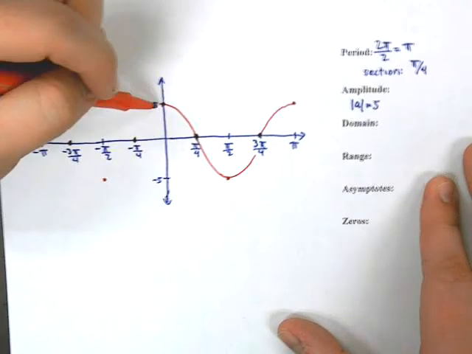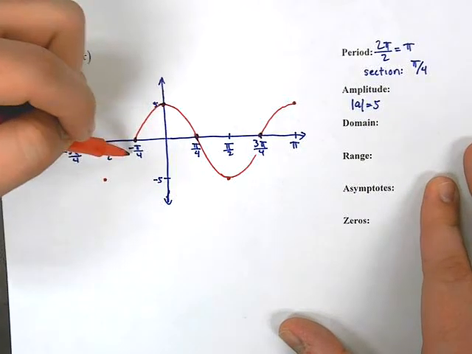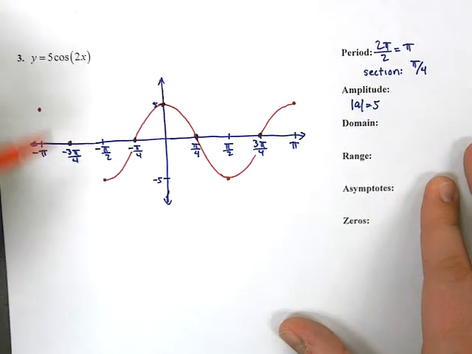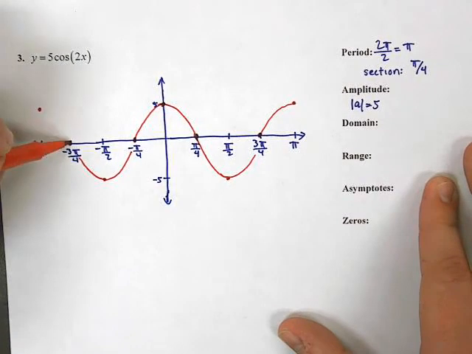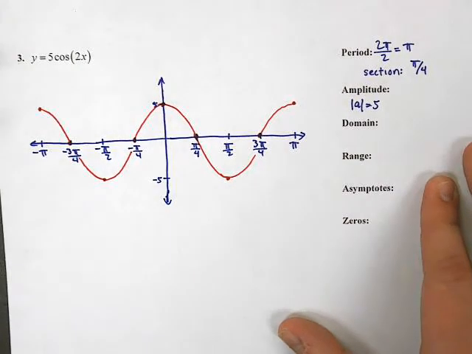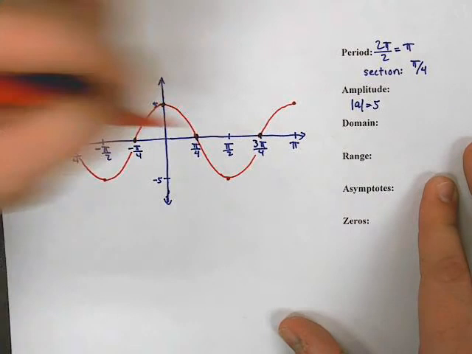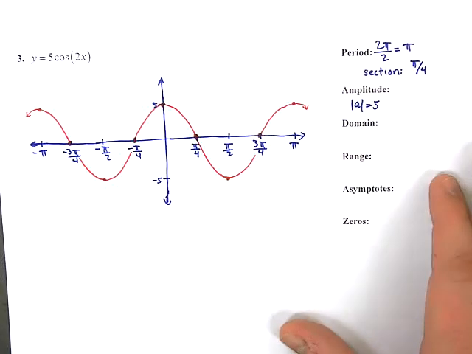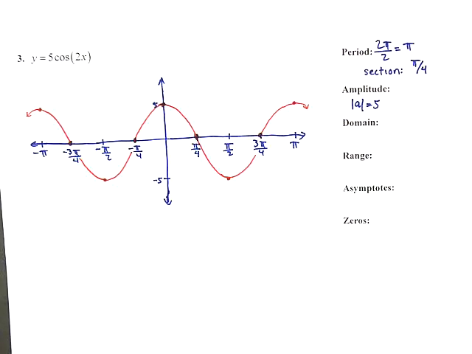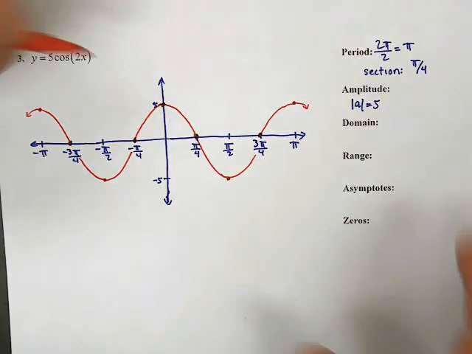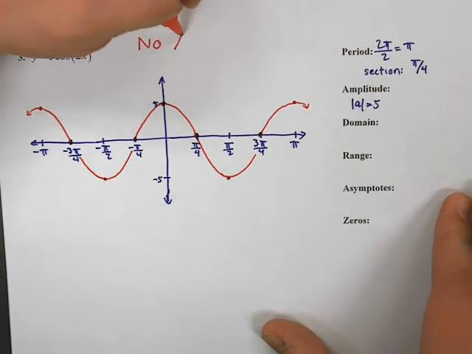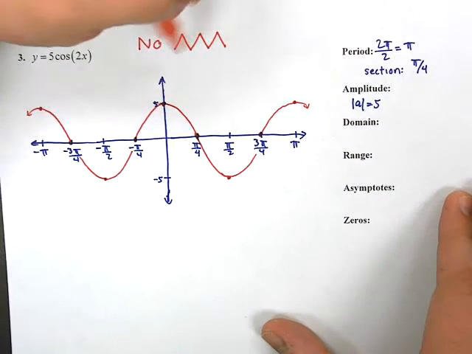Please do a really nice job with your graphs, or the nicest job possible. I'm not looking for masterpieces, but I want decent graphs. I need to be able to see that they're curves, all right? I don't want to see no mountains, okay? None.